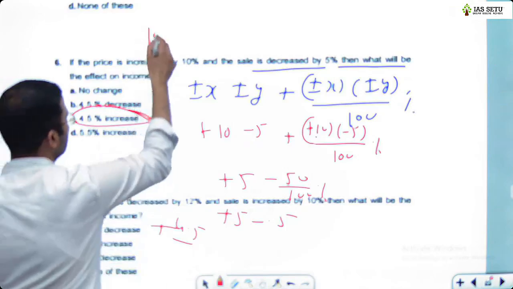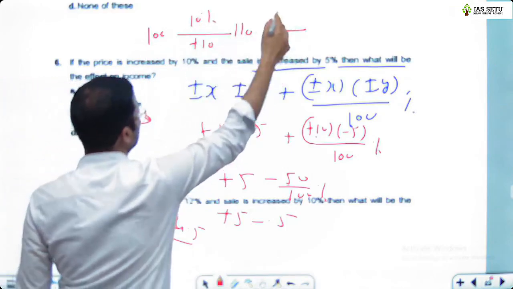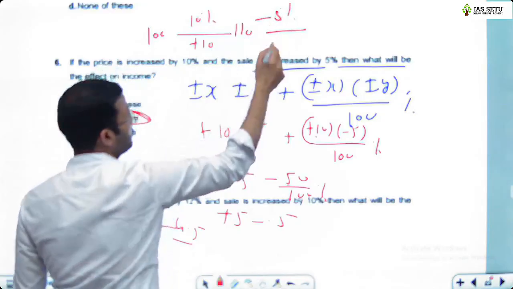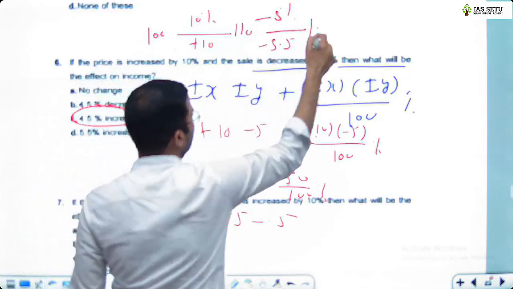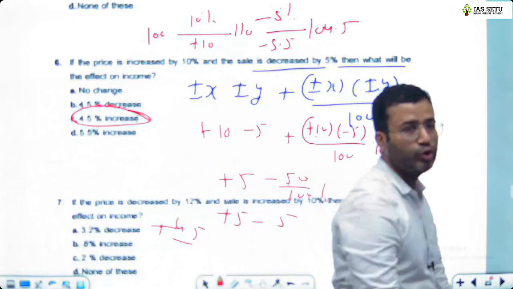Start from 100. 10% increase, plus 10, 110. Then 5% decrease from this value, which is 5.5. It will be 104.5. 104.5 is more than 100 or less?